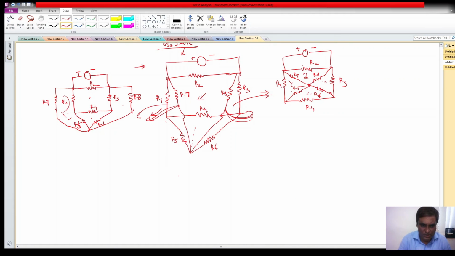With this, one more skeleton, if I draw it like this, suppose one circuit is this way. Here also it is very difficult to find the meshes.